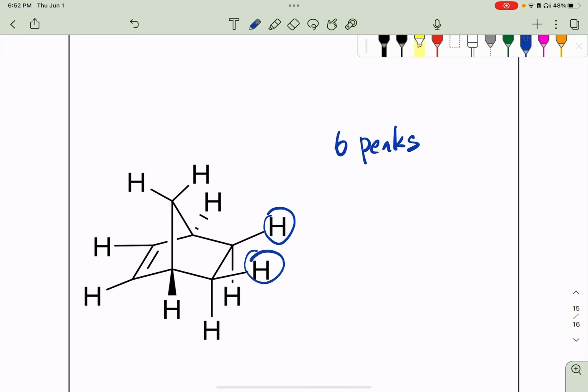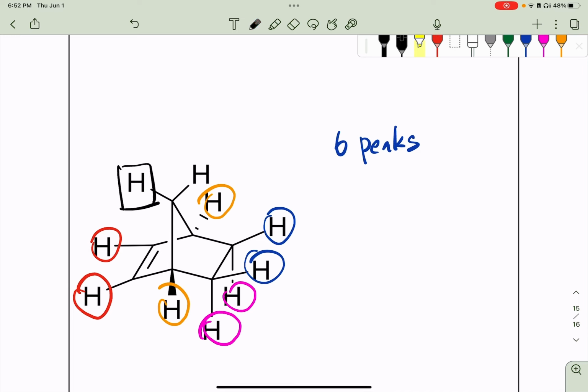And well, these are equivalent. These are equivalent. These are equivalent. These are equivalent. But everything on the top, these two on the top, they are not. Right, so we totally see 6 peaks together. And as long as you have at least one pair circled, you get partial credit.